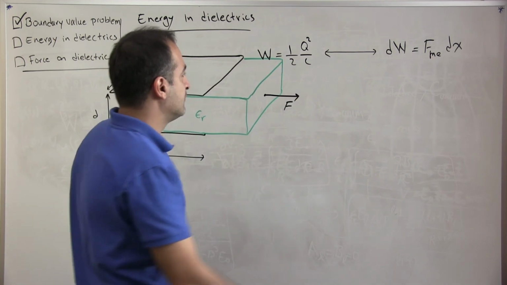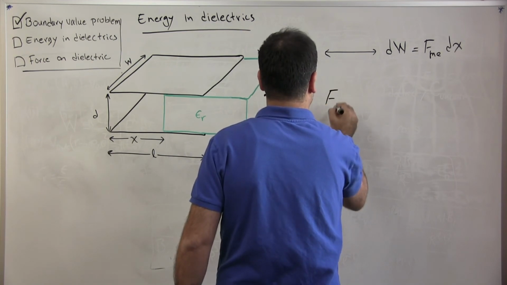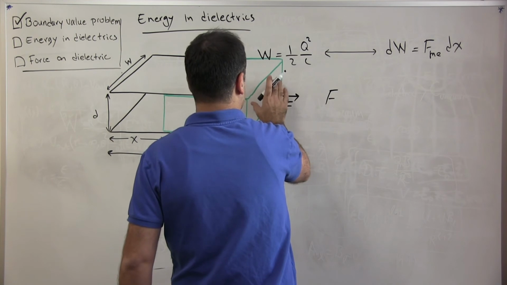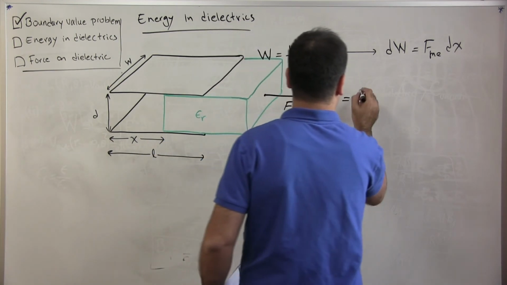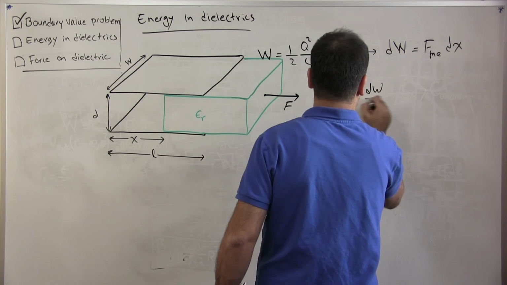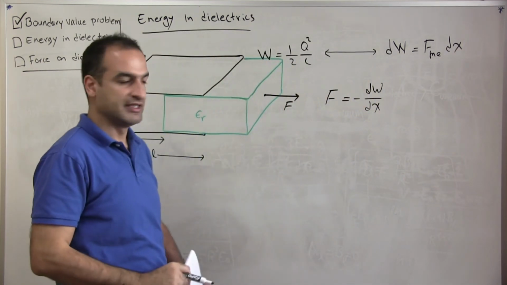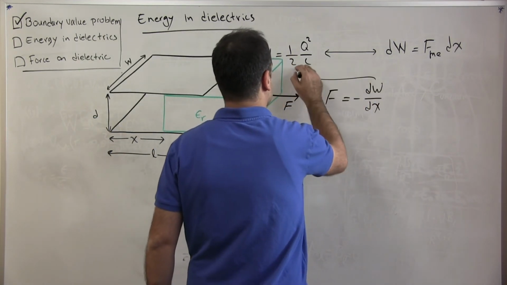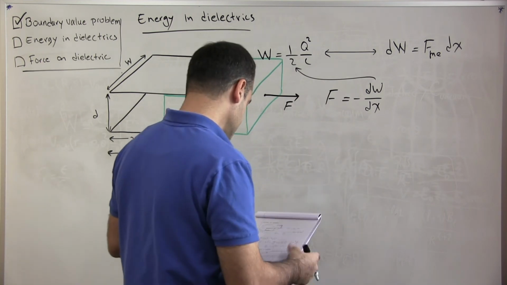Following this, the force that I need to move this slab should be negative of dW/dx. This is basically conservation of energy. And this dW is how much the energy of the capacitor changes, dx is how much I move that. Sounds good?